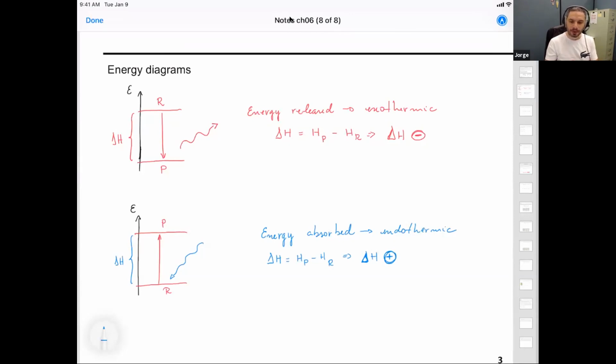Therefore, endothermic reactions always absorb energy, resulting in the energy of the products higher than the energy of reagents, and as a consequence, the delta H for endothermic reactions is always positive.